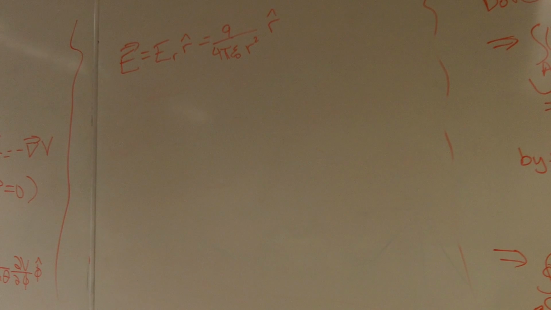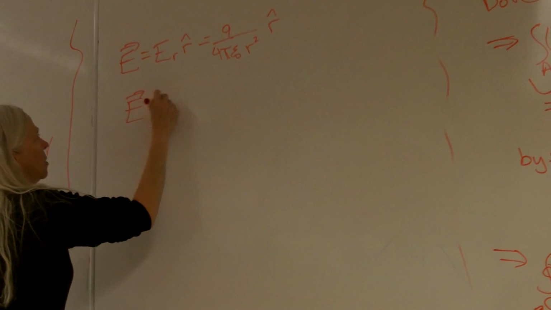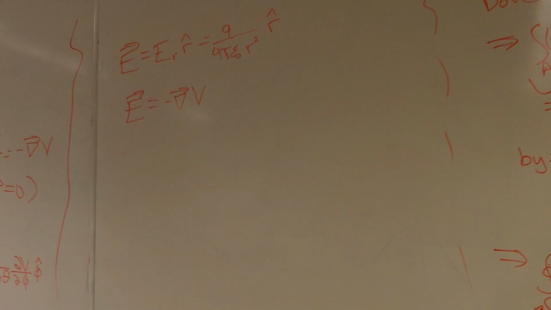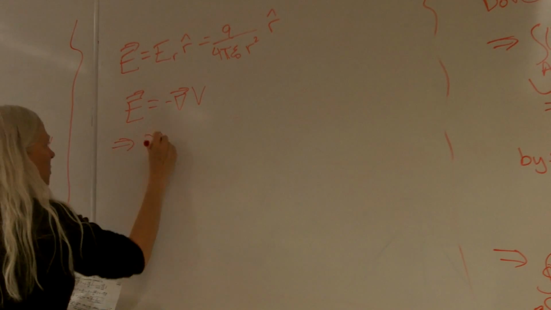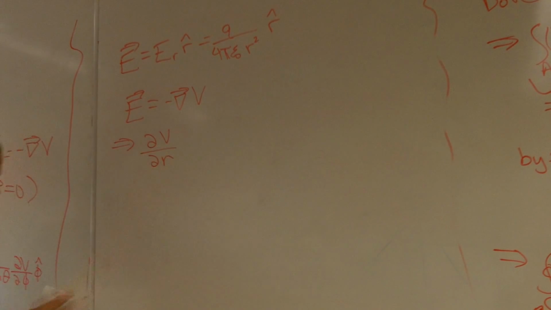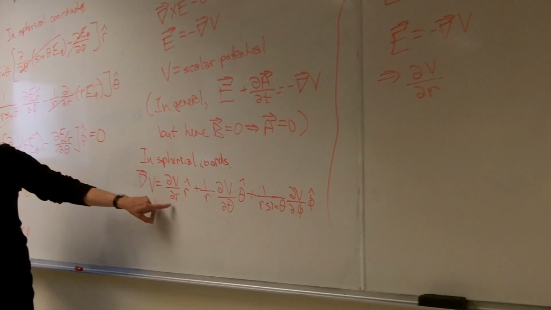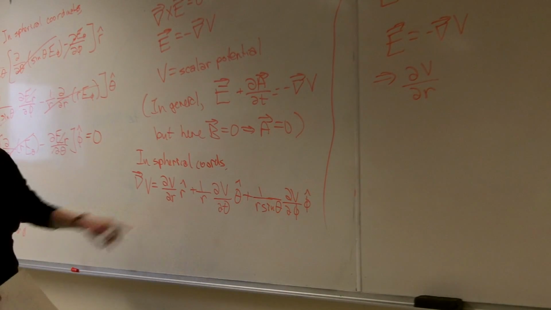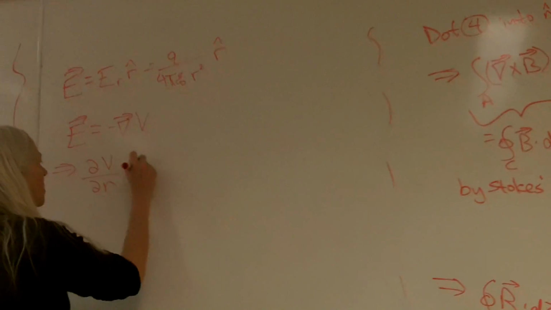And so given that E is minus the gradient of the potential, that means then that the derivative of the potential V with respect to r, right, that's the r component of the gradient in spherical coordinates, must be equal to minus E sub r.